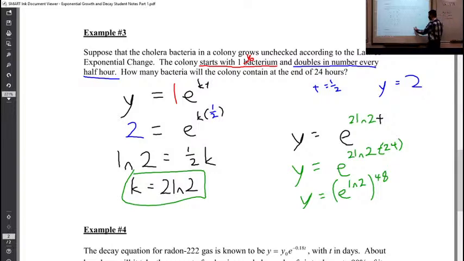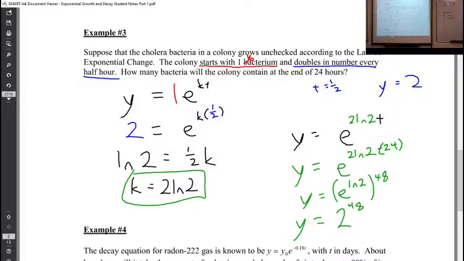And I'm doing that because e to the natural log of 2, as we discussed yesterday, is 2. So the answer is 2 to the 48. Which hopefully you expected that answer.